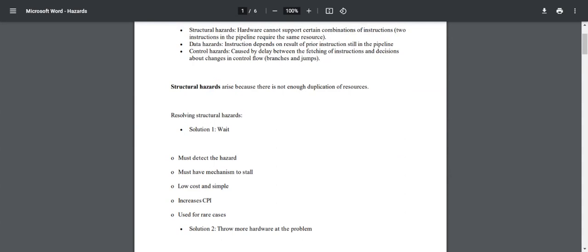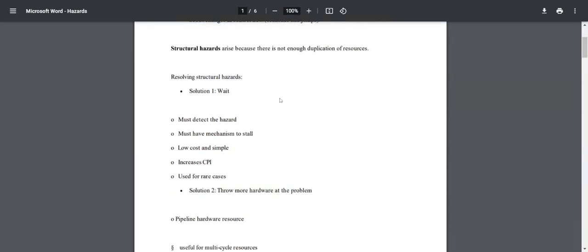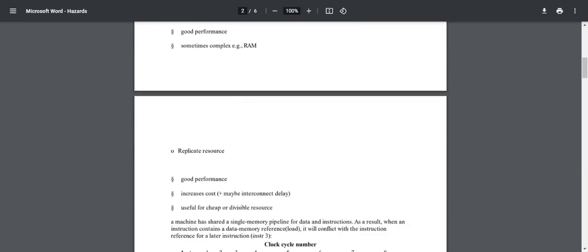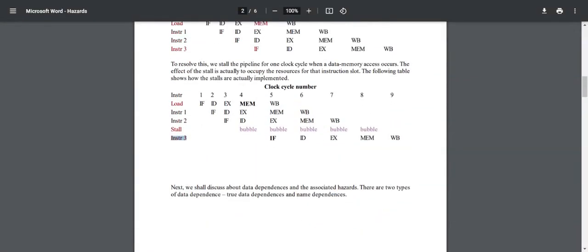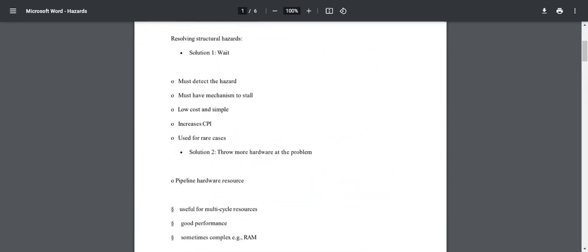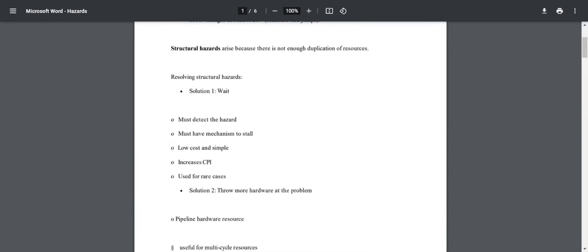Now, you can follow some other ways as well to solve the structure hazard. Some suggestions are solution 1, you can go for a wait as we have done in our example. Then what phenomenon are you going to face if you introduce this wait thing?